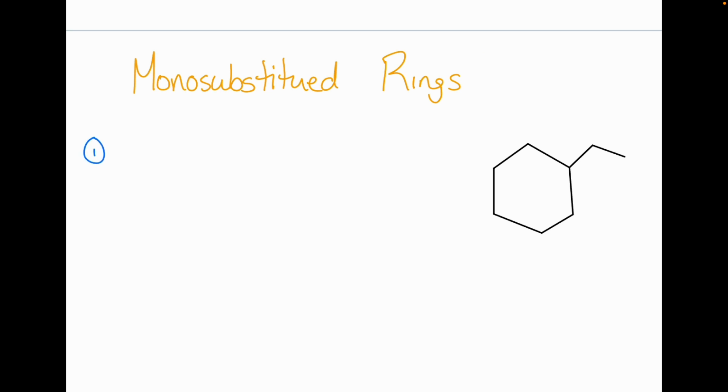What's step 1? Find the parent chain. Yeah, we're going to find and name our parent chain. Before, we were looking for the longest continuous set of carbons, right? That's how we found our parent chain. For the rings, we're going to go about it a little bit differently. The ring is always the parent chain.